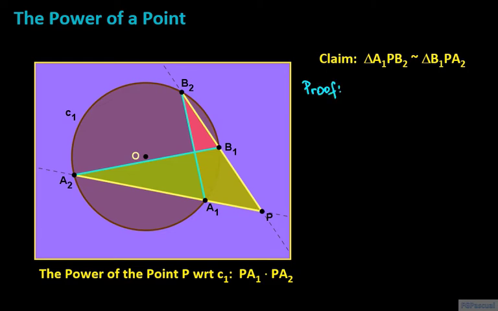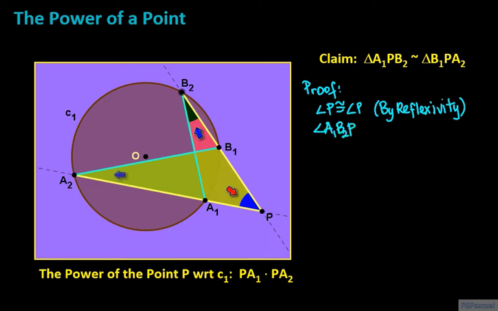The first pair of congruent corresponding angles is really just one angle, and that is the angle at P. Angle P, of course, is congruent to itself by reflexivity. For the next pair of angles, we claim that this angle at B2, angle A1B2P, is congruent to this angle at A2, angle B1A2P.